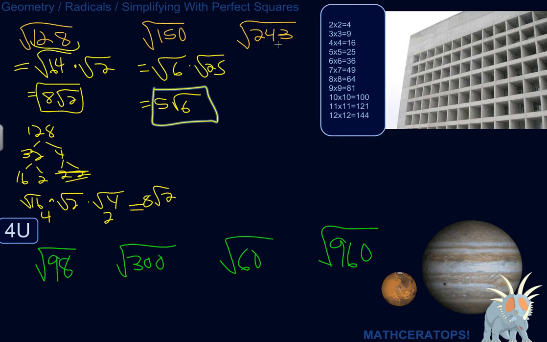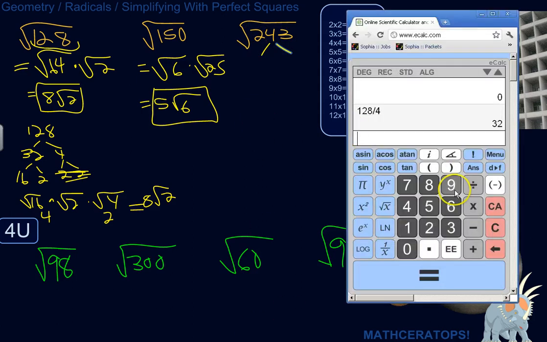243 is, I don't know. Let's see. No perfect squares are jumping out at me, so let's just start factoring this thing. 243, 2 plus 4 is 6, plus 3 is 9. So this thing looks divisible by 3, so let's just do 243 divided by 3.